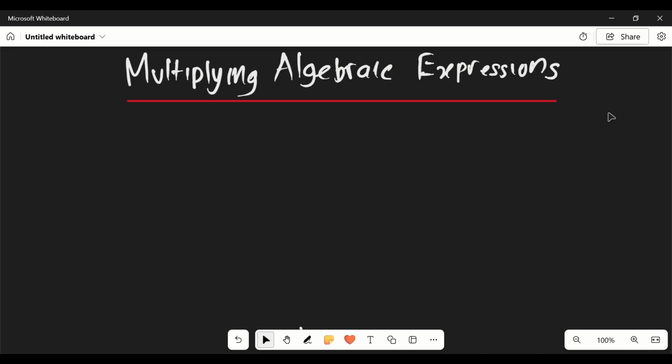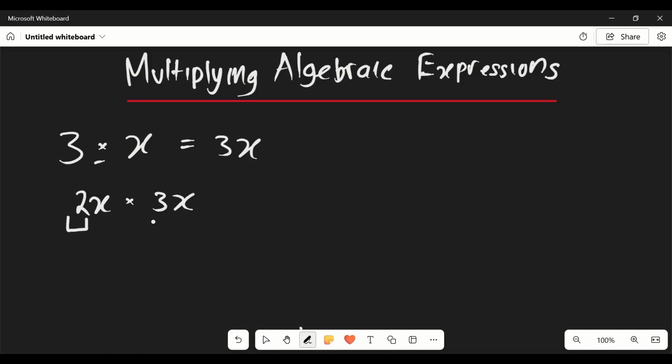Multiplication works exactly the same as numbers. 3 times x. It's just 3x. We can write it without multiplication sign. Now, something more interesting. If you have 2x times 3x. First, we must multiply the numbers. The number is this. So we get 2 times 3 is 6.